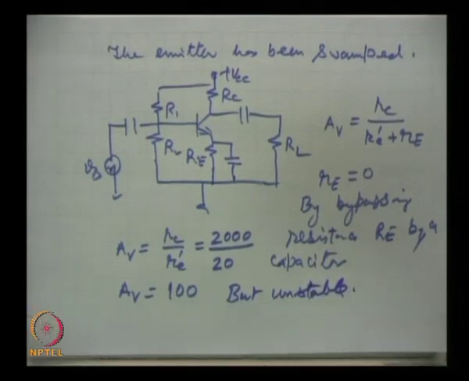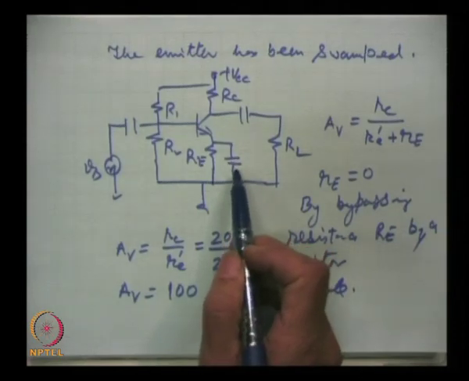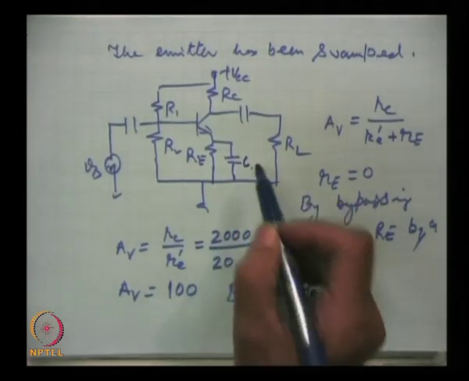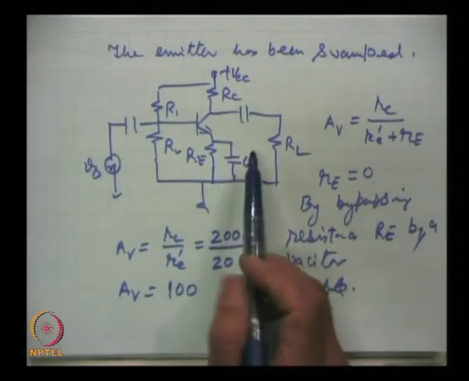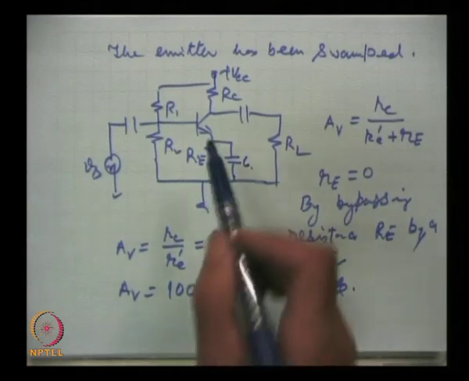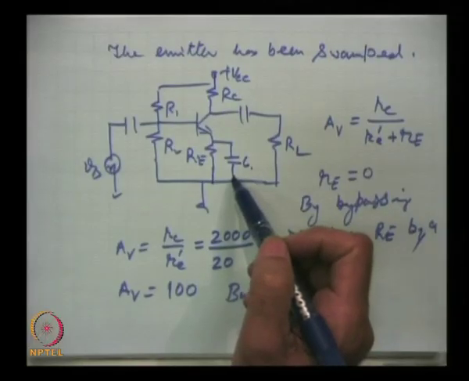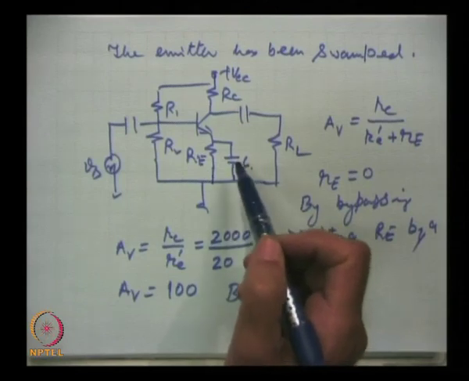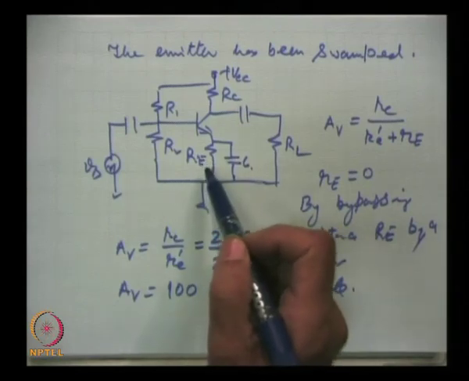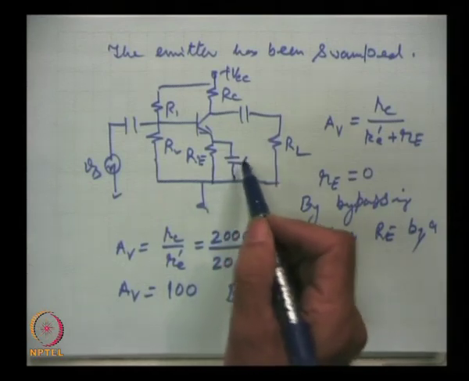Let me talk a little more about this bypass capacitor, how we choose its value. What is the purpose of the bypass capacitor? The purpose is that AC will find a path of least resistance through this capacitance, which has lower impedance compared to the resistor. Now, how low should this impedance be, in other words how large should this capacitance be?